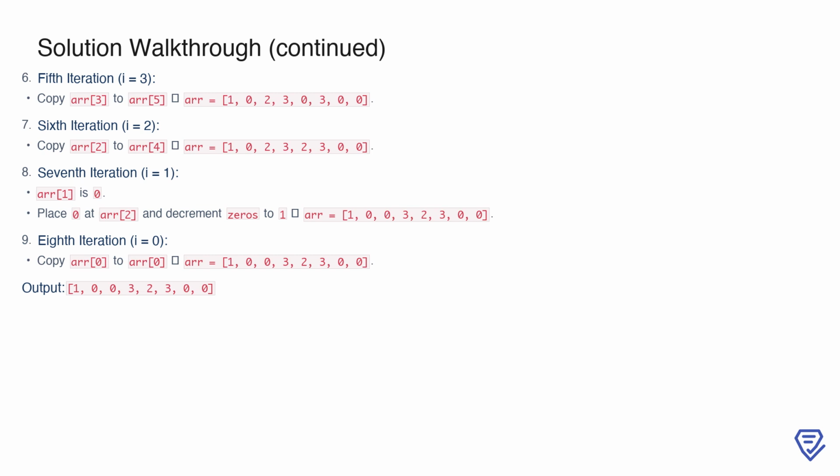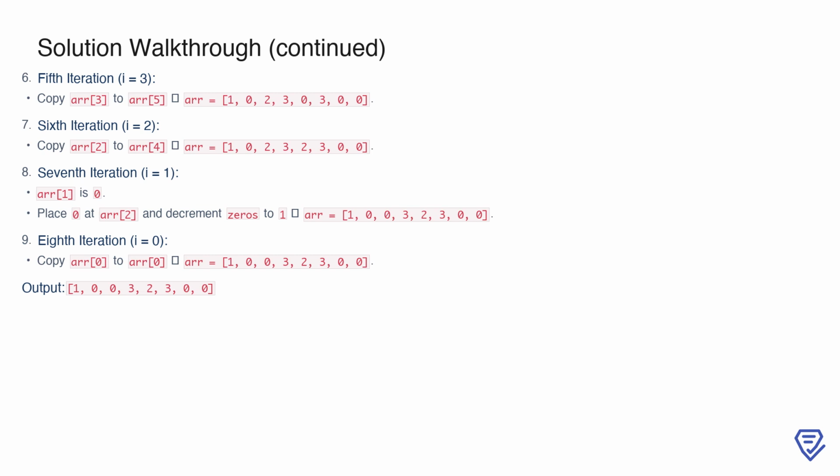Then, for i equals 2, we copy arr[2] to arr[4], resulting in 1, 0, 2, 3, 2, 3, 0, 0. Now, at i equals 1, we find a 0 again. This time, we place a 0 at arr[2] and reduce the zeros count to 1. The array now becomes 1, 0, 0, 3, 2, 3, 0, 0.